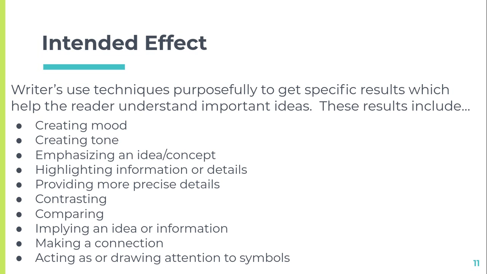Writers use techniques purposefully to get specific results, which help the reader understand important ideas. These effects that writers might try to create include things like creating mood or tone, emphasizing ideas or concepts, highlighting information or details, providing more precise details, more specific information, contrasting or comparing, implying an idea or information, making a connection, or acting as or drawing attention to symbols.